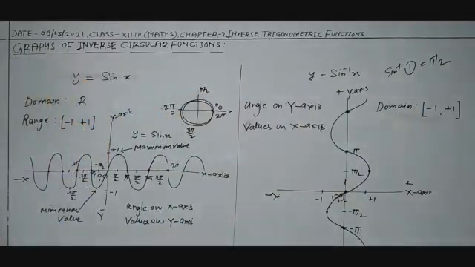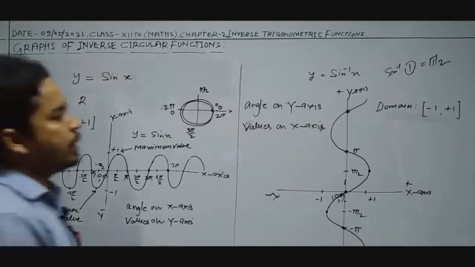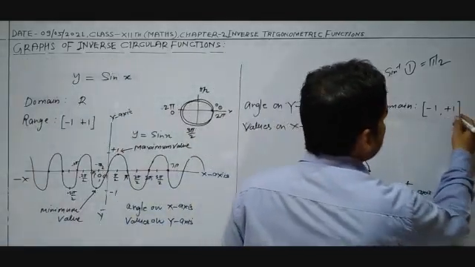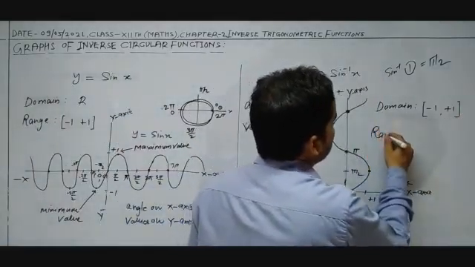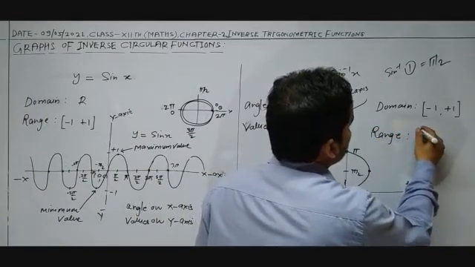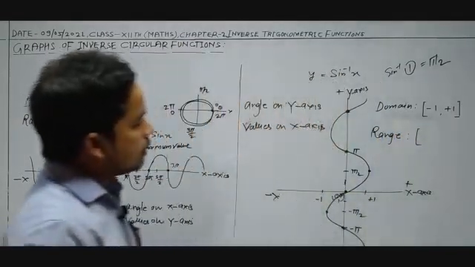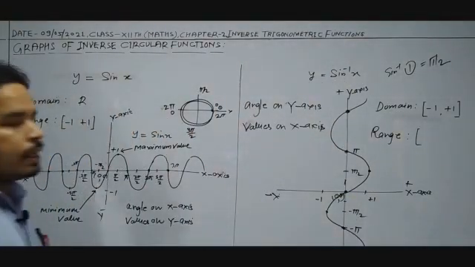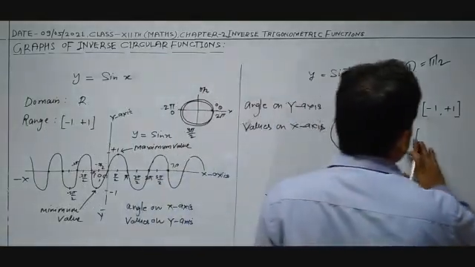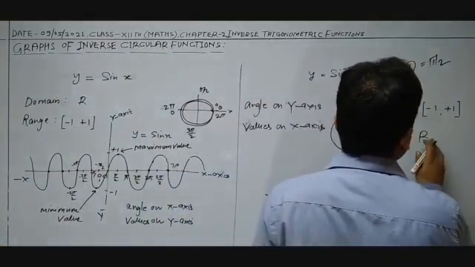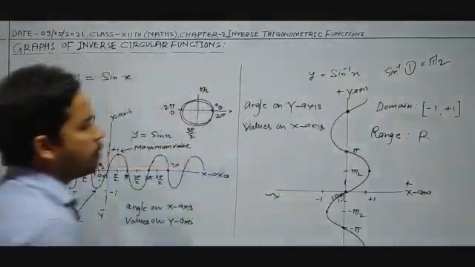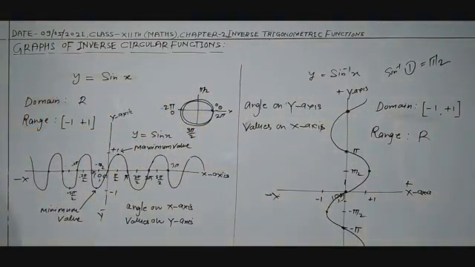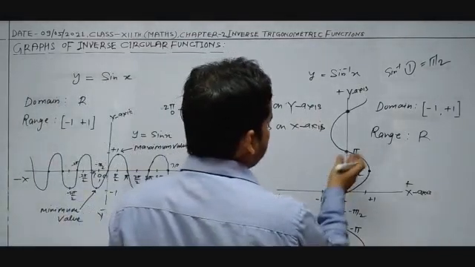This is the domain of sin inverse x, and the range will be the set of values on the y axis, that is, minus pi by 2 to plus pi by 2.